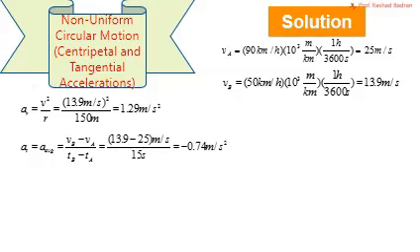For the tangential acceleration, we have to use the approximation given in the problem by assuming that the time interval it takes the train to go from A to B is very small.